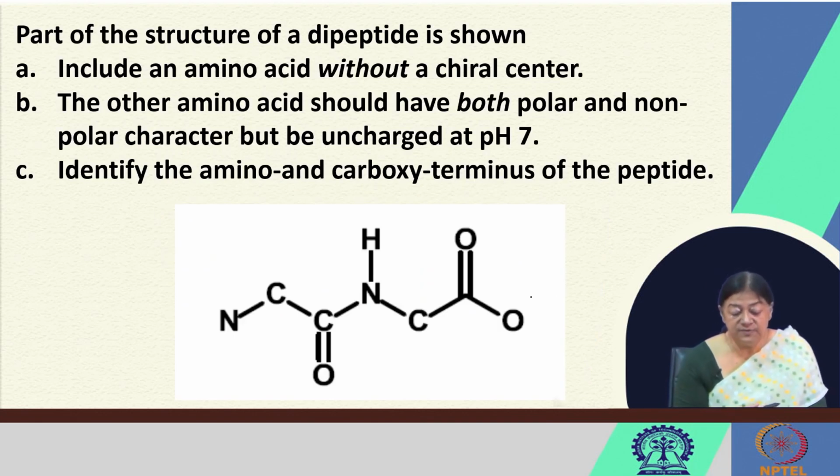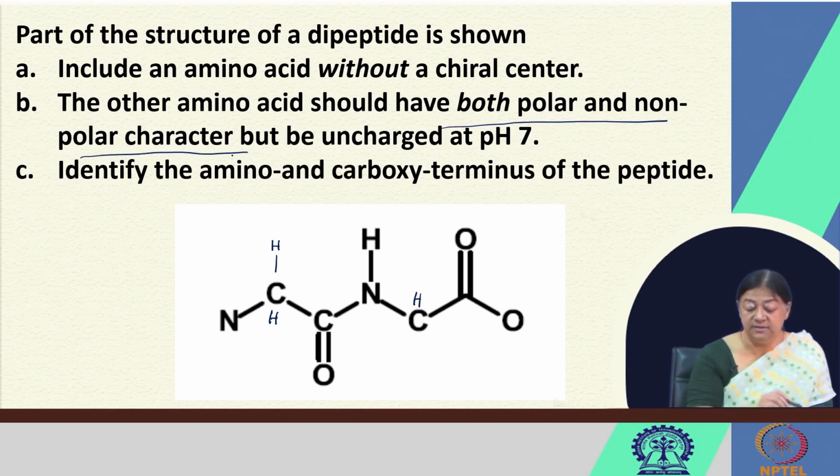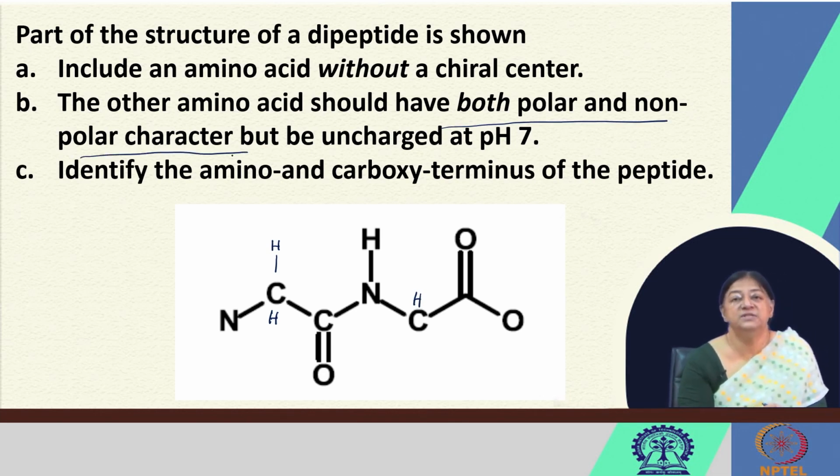We have now part of the structure of a dipeptide shown. We have to include an amino acid without a chiral center, and the only amino acid without a chiral center is glycine. So, we just have to put a hydrogen atom here and another hydrogen atom here, which we know is present anyway. Now, the other amino acid should have both polar and non-polar character, but be uncharged at pH 7.